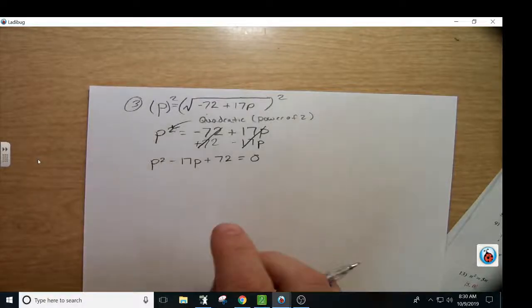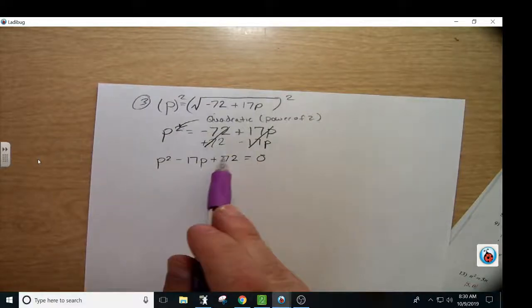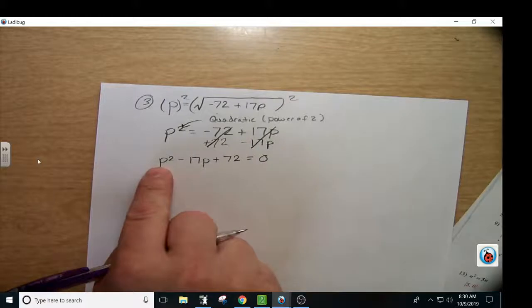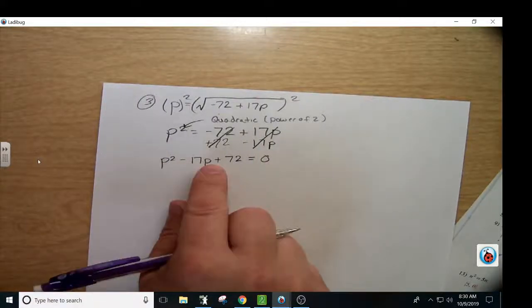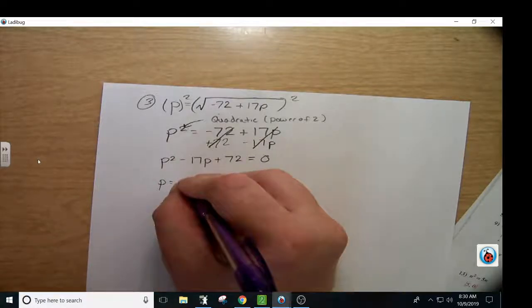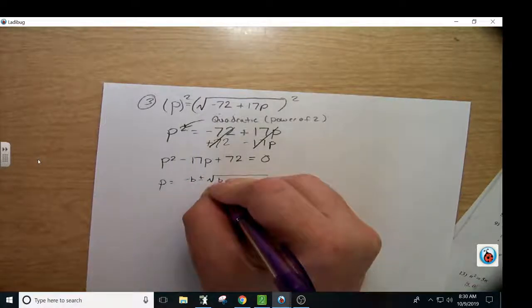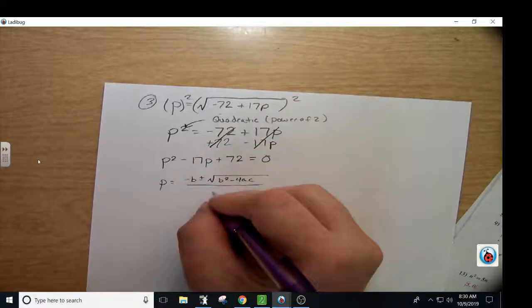Now, guys, this thing will factor really easy, but a lot of you guys use the quadratic formula, so let's use it. Okay. Now this is a quadratic. I'm trying to solve for my independent variable, which is p. So it's going to be this: p equals the opposite of b plus or minus the square root of b squared minus 4ac divided by 2 times a.